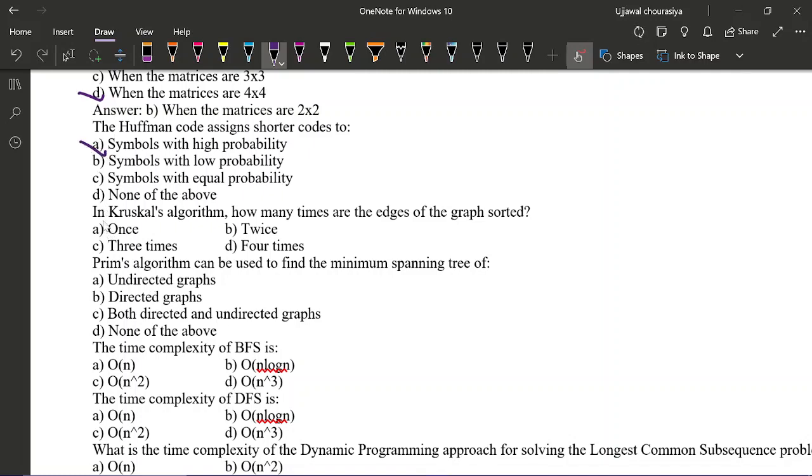In Kruskal algorithm, how many times are the edges of a graph sorted? Only once.